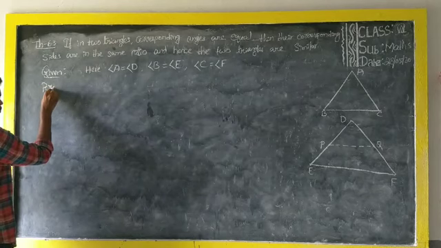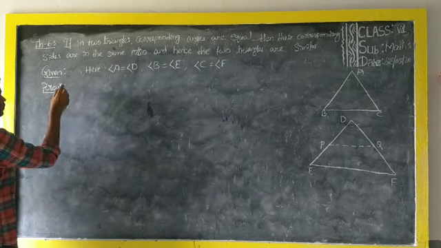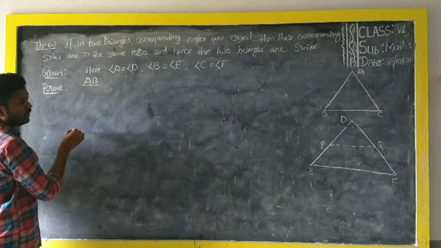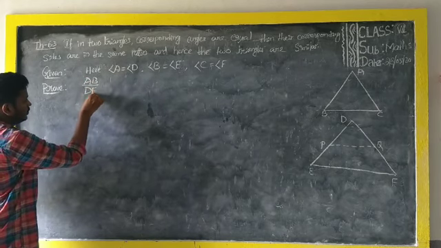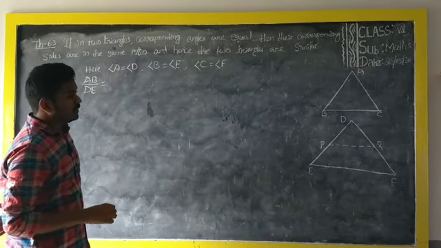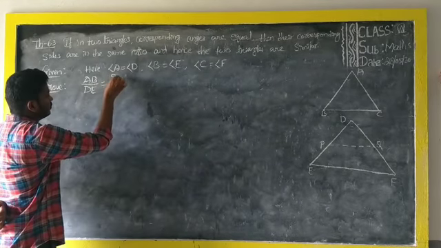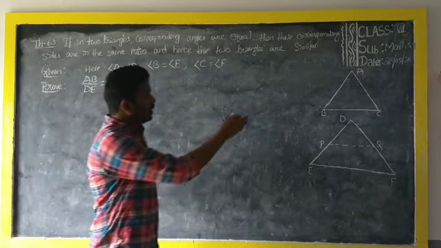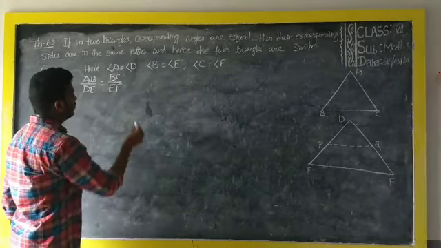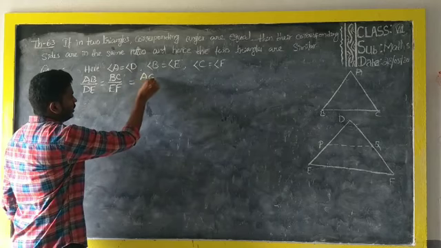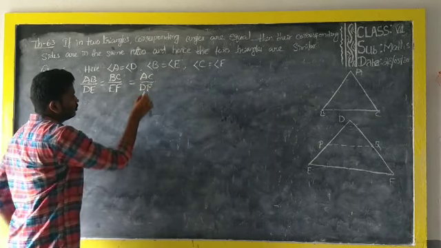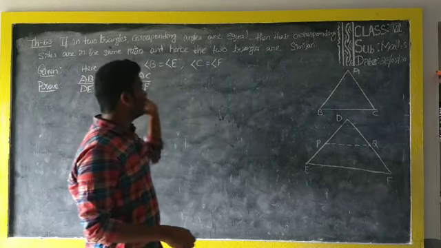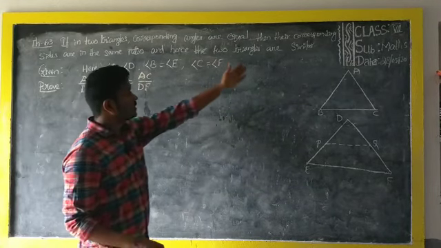Okay, to prove: AB by DE equals BC by EF equals AC by DF. We should prove that these three corresponding side ratios are equal. Then the two triangles are similar.